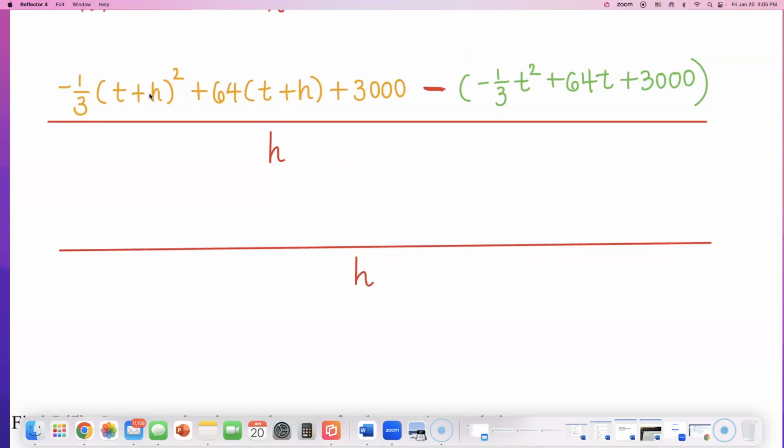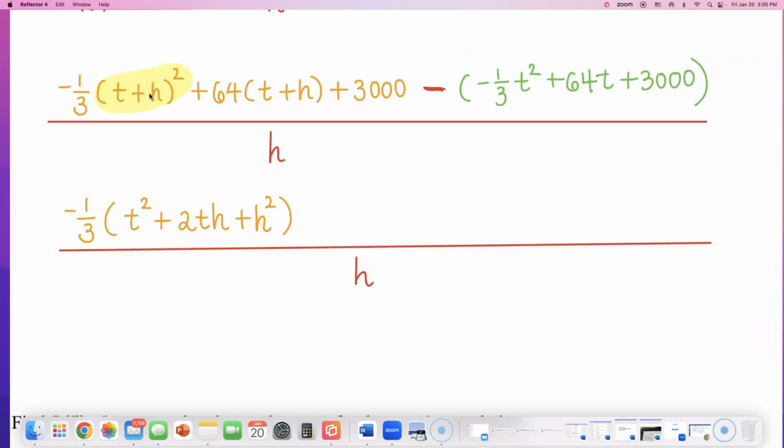This t plus h squared, we know that is t squared plus 2th plus h squared.